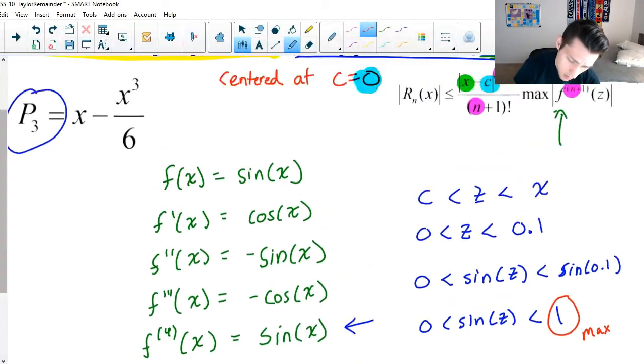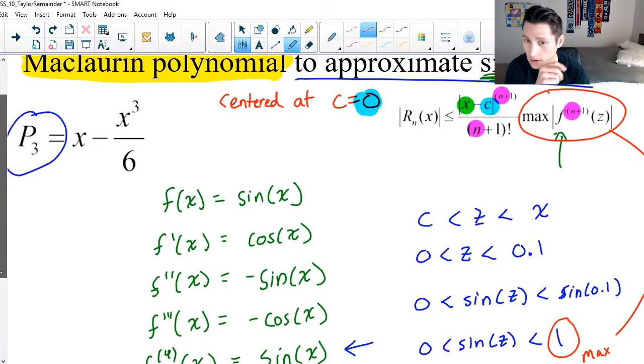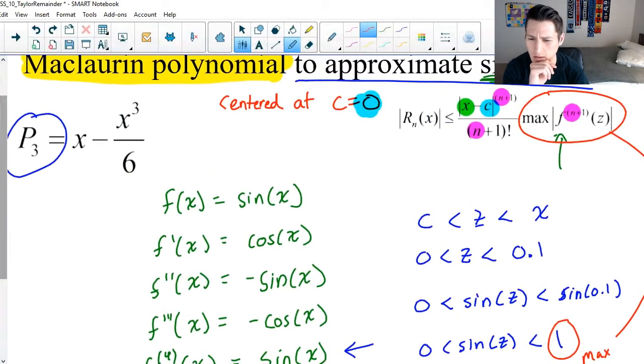Okay, so that's what goes in this part of my remainder or error formula. We started off again just by knowing z is some number that's between the center, where it's centered around, and the actual value that we're trying to estimate.